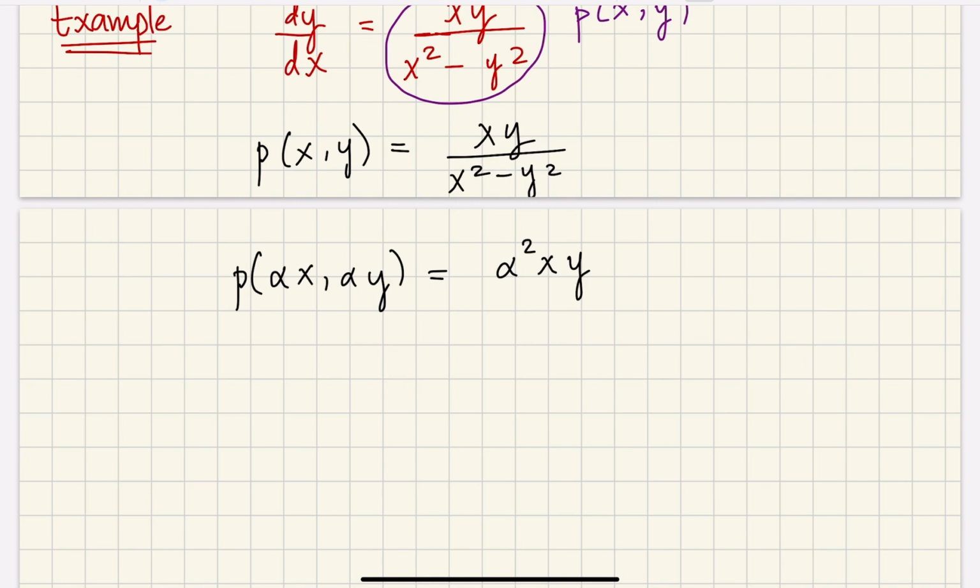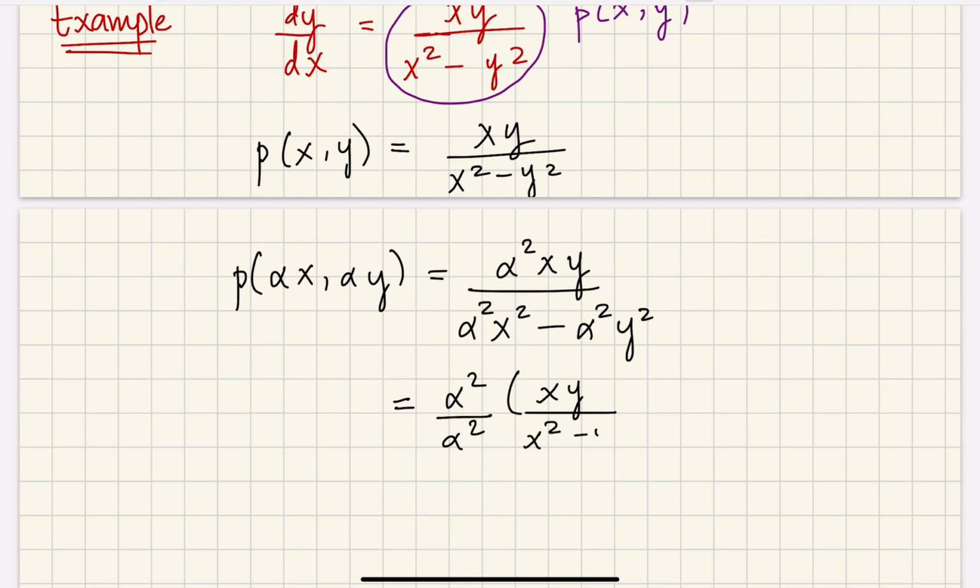I will get alpha squared xy over alpha squared x squared minus alpha squared y squared. Now, I can take alpha squared out of each of these terms. So we can see that this function is homogeneous of degree 2.